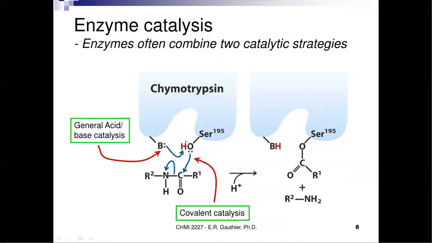Initially the H plus ion will be accepted by a base, which is also present in this active site. After the H plus ion is released, this oxygen, which has a lone pair of electrons, tries to form a bond with another compound.